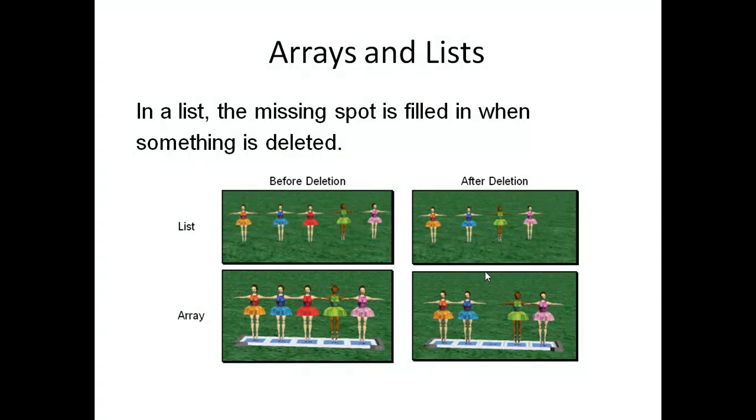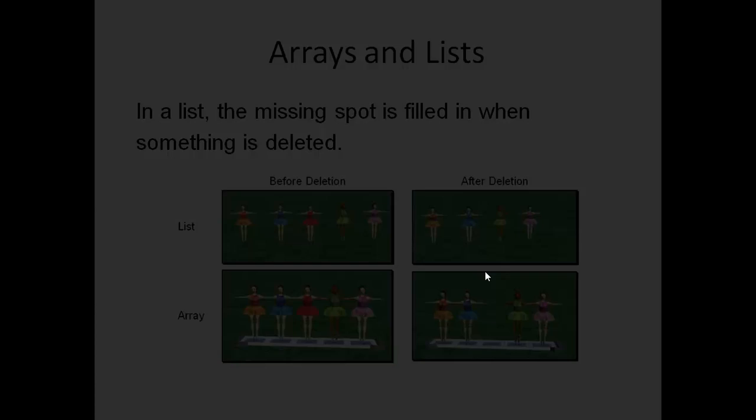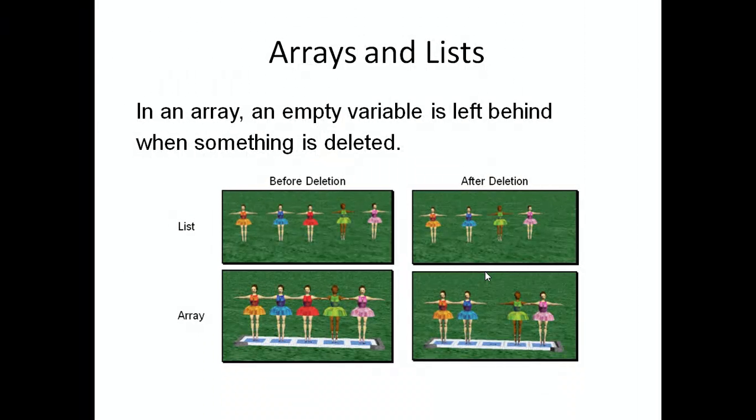In a list, the missing spot is filled in when something is deleted, what I have given in the slides. But in array, the empty variable is left behind when something is deleted.